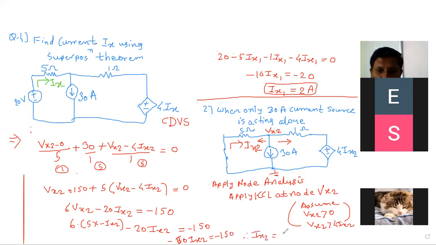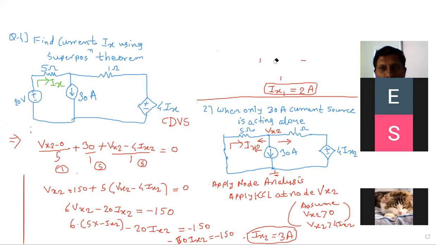So what will be the answer? Ix2 is equal to 3 ampere. Is it correct? Yes. Okay, so Ix1 is 2 ampere, Ix2 is 3 ampere. So finally we have to add them by the superposition theorem.